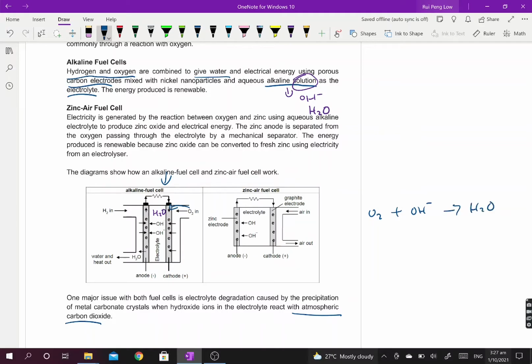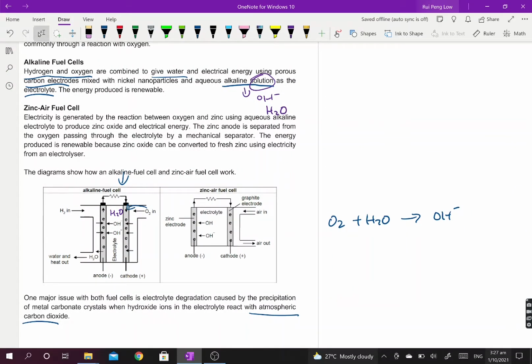Probably you can get water, but I don't think you can balance the equation. There's no way. So this is not possible. So the only other way I can guess is the oxygen at the cathode will react with your water to give you OH minus, and also to give off plus electrons.